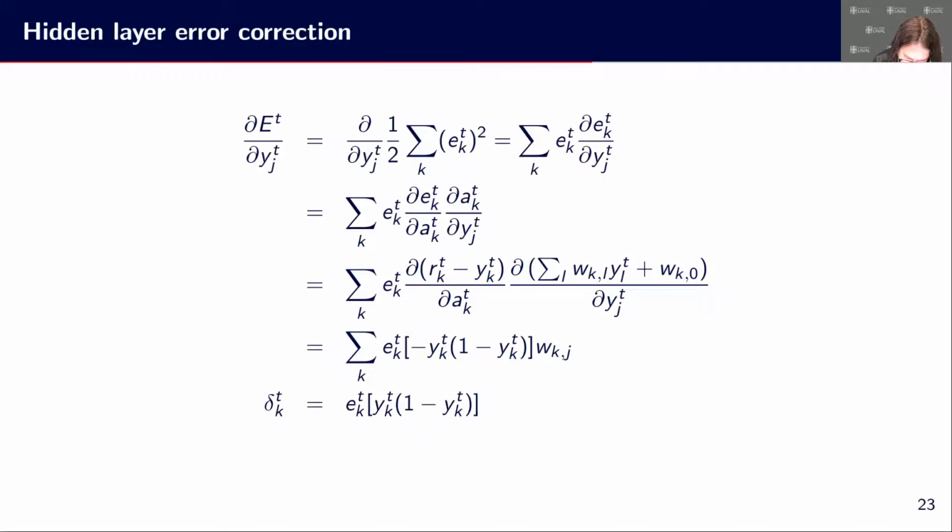And if we reshuffle things a little, if we define the delta KT for the output layer is that thing. This is what we defined just the slide before. Then we can simplify the rule with that thing.